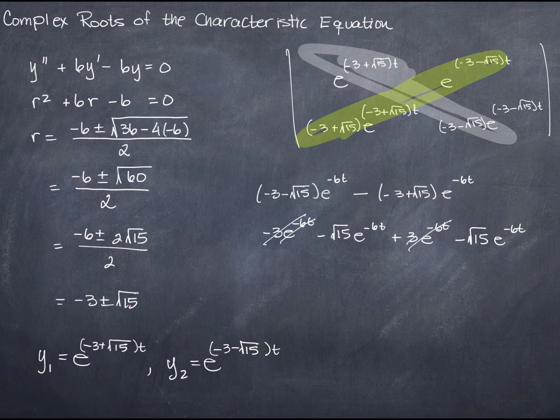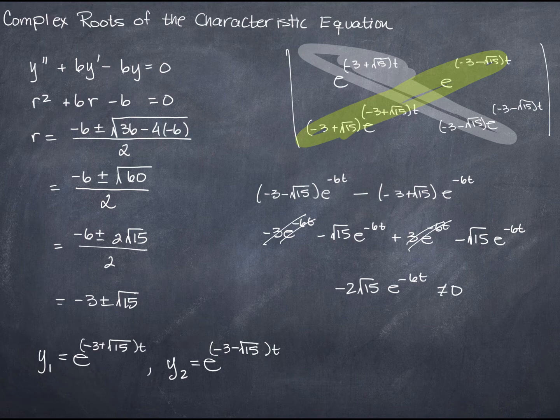These terms combine to 0, and we're left with negative 2 root 15 e to the negative 6t. And no matter what t is, this factor can never be 0. This factor is not 0. So this Wronskian is not 0.